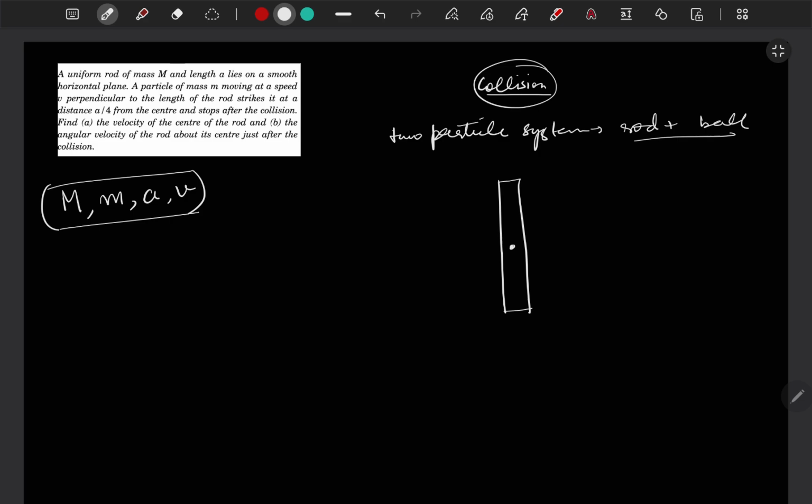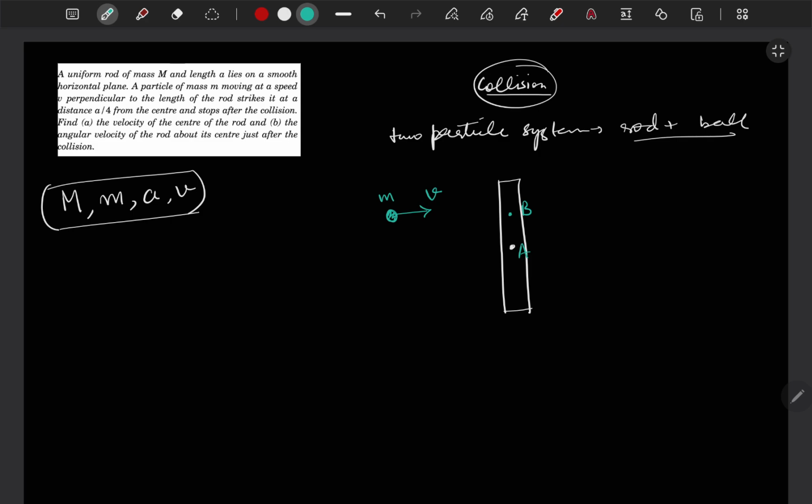Now what will happen is that a ball came, so the particle was here having mass m, speed v, and it strikes the rod at this particular point. Let this point be A and let this point be B.